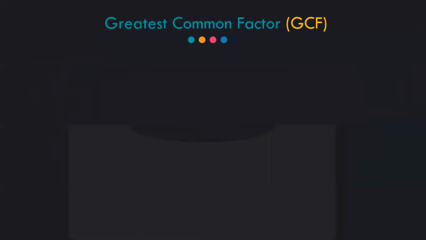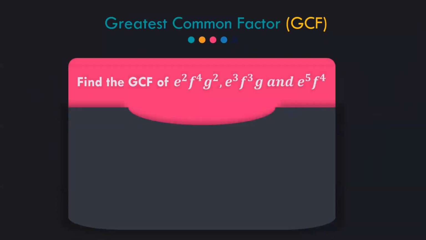We have here the last example. To find the greatest common factor of e squared f raised to 4 g squared, we have here also another term, e cubed f cubed g, and e raised to 5 f raised to 4. So now let's check for their common factor. First variable, we have e. So check natin.